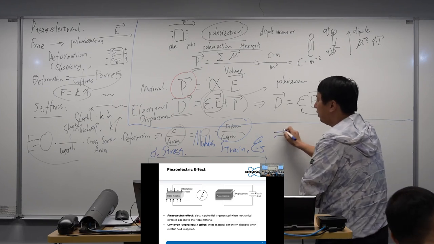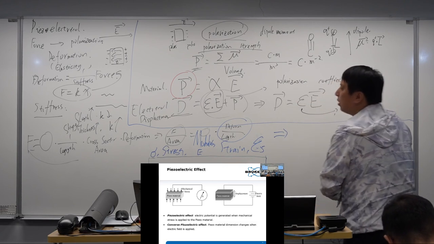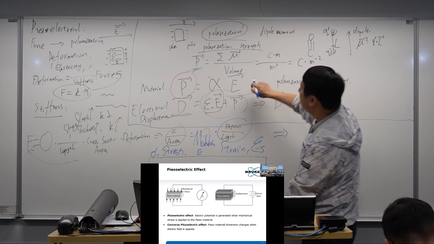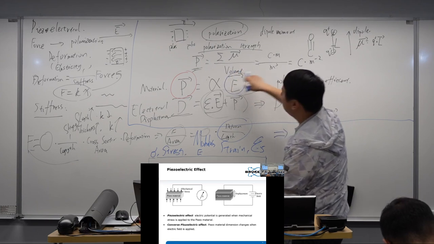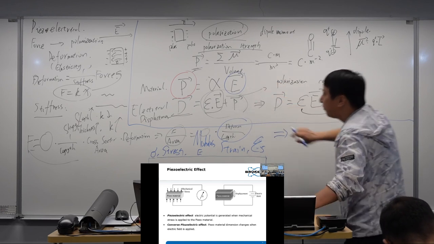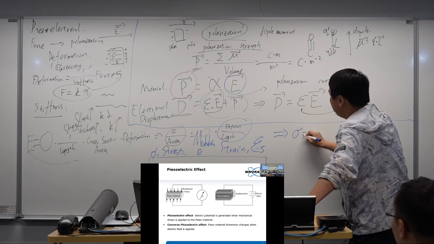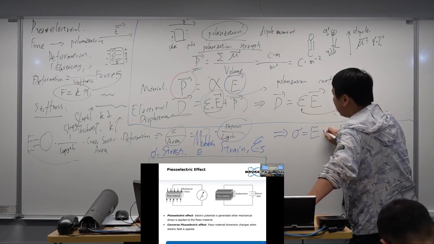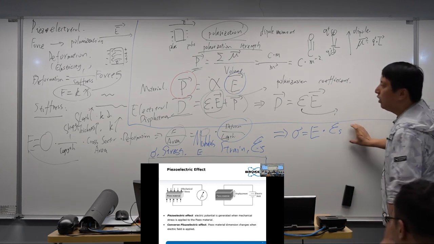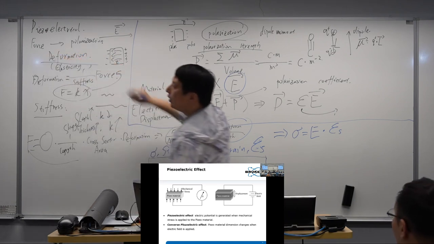And the modulus, we usually use E to represent it. And for the electric field, I would add an arrow on it to let you know it is a vector. So this Hooke's law, we can write as sigma equals the modulus times strain. So this relationship describes the deformation.